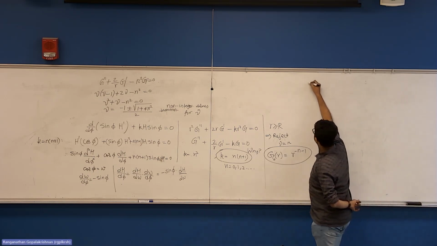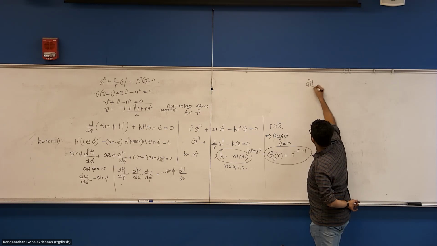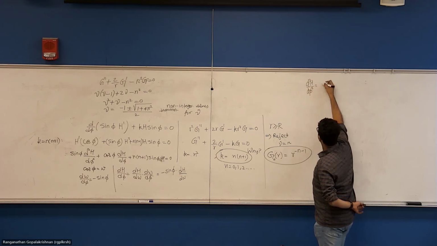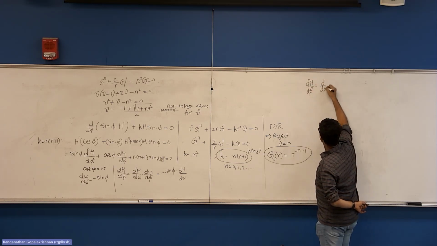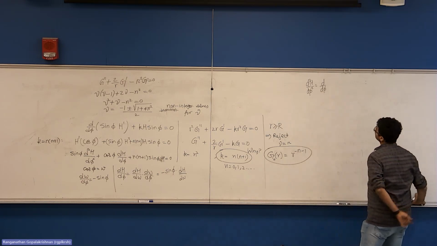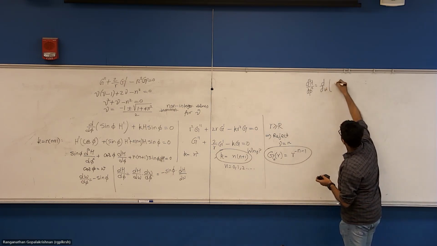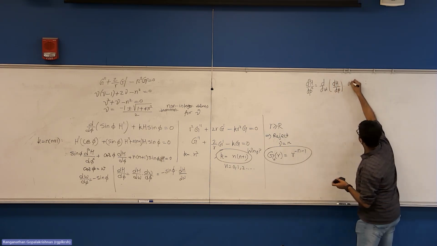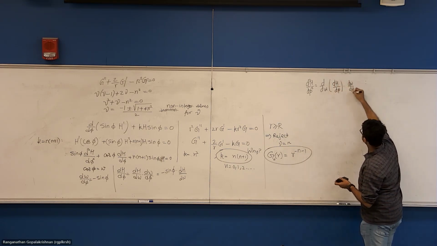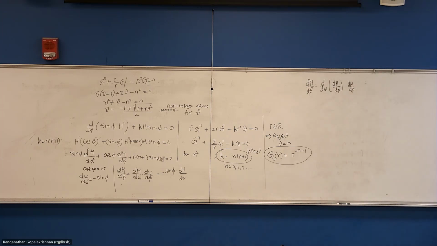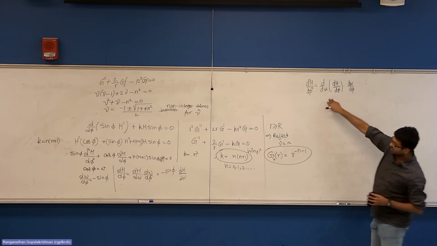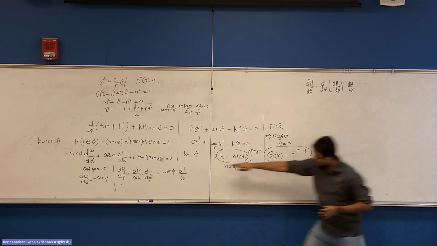And what is the second derivative? First d over d phi, d over dw of dh over d phi multiplied by dw over d phi. I'm getting the first and second derivative to plug it back in this equation.